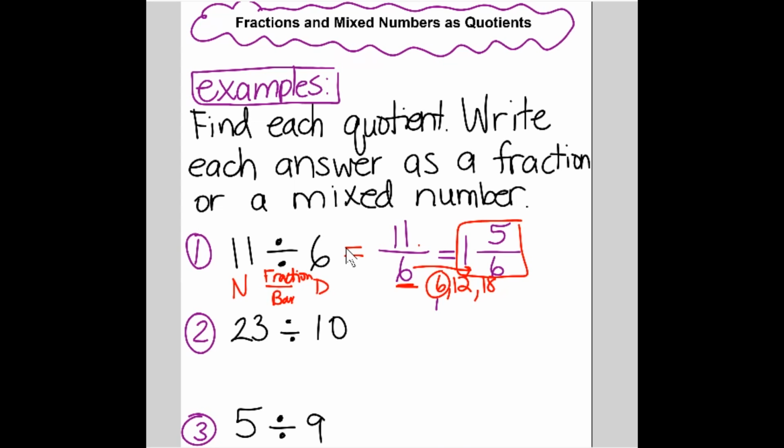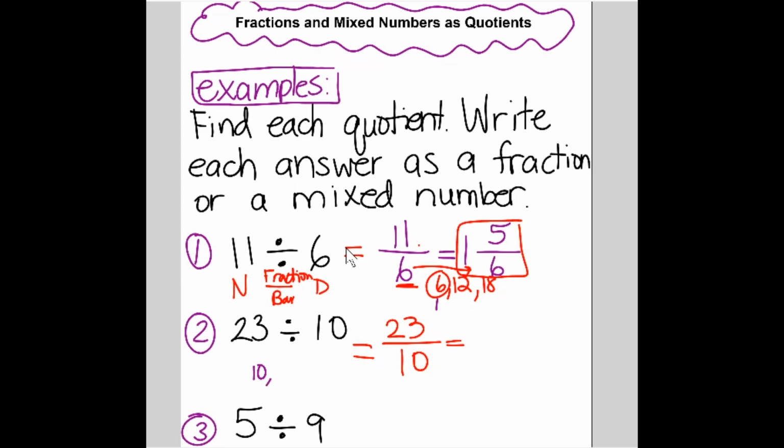So let's do the second example. It says 23 divided by 10. All right, so again, I'm going to get my 23 up top. My fraction bar means the same thing as divide, and then my 10 will be my denominator. So since this fraction is improper, how many 10s can I get out of 23? Let me get my 10s facts over here.